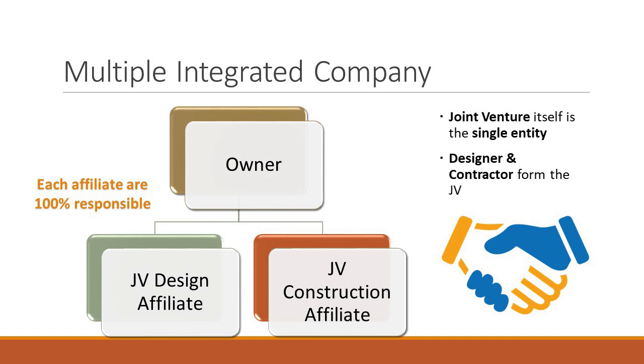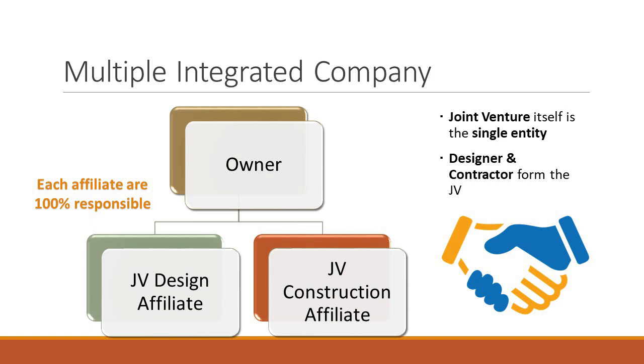A different one is where the owner has a joint venture of design-affiliated and construction-affiliated companies. It doesn't necessarily look like design build, but the owner enters into the contract with the joint venture itself as the single entity, and on the contract both the designer and the contractor are identified as members of the joint venture.